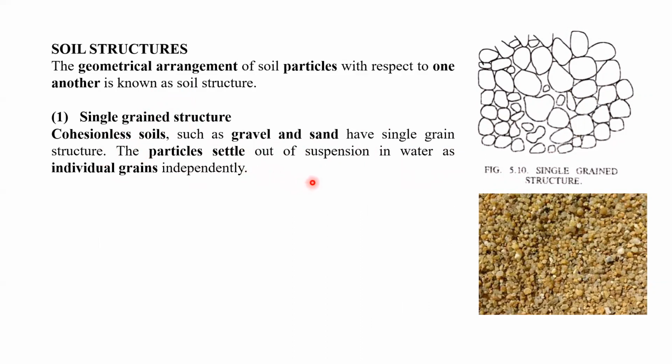As we know from soil formation, gravel and sands are formed by physical disintegration, whereas clay is formed by chemical decomposition. So gravel and sands are cohesionless soils. Once they are transported by water, what is going to happen? The gravel and silt will settle, and the structure of the soil will form.